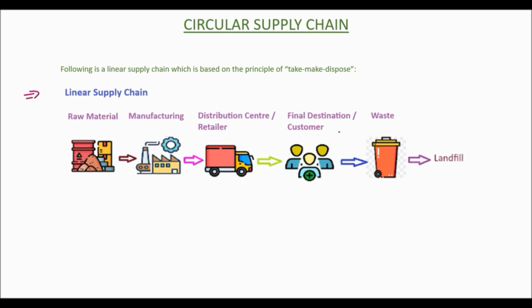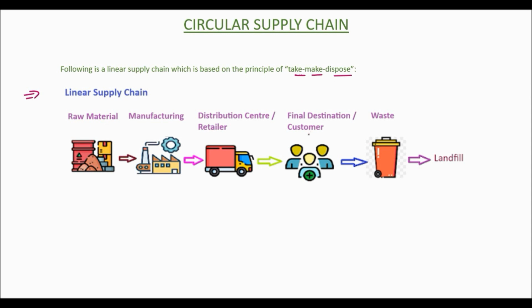Once the customer has used it, it goes to waste and then eventually a landfill. So this is a typical linear supply chain where it is based on the concept of take, make and dispose. So you take the raw material, you make the finished good, and eventually you dispose it off.